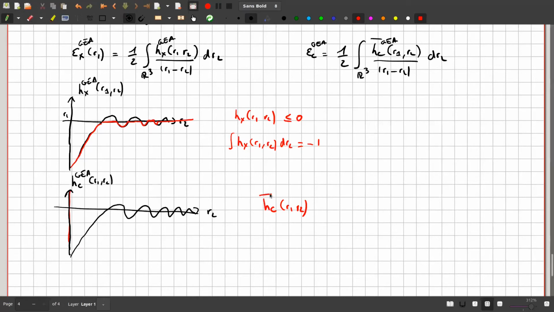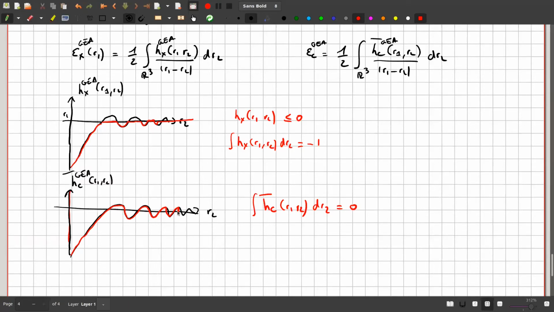Well, this is the coupling constant integrated one, which also integrates to 0. So in order to restore this condition, again, they introduced a cutoff, for example here, so that this is satisfied.